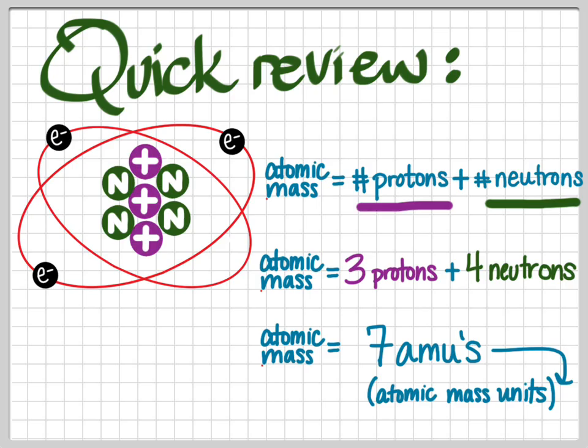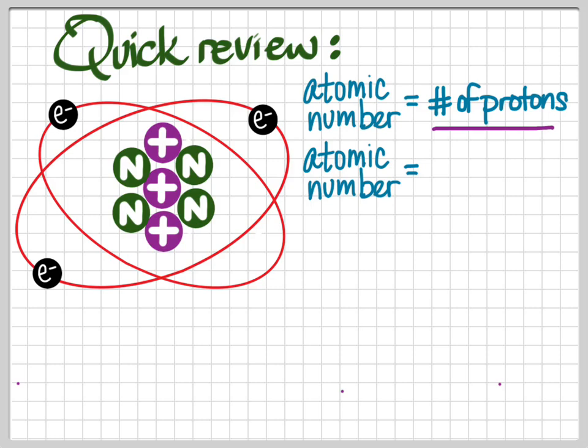I know, super creative. Now, you may be remembering from your introduction to the periodic table that there's some other number associated with atoms. Yeah, that's the atomic number, and the atomic number is equal to the number of protons that an atom has. In the case of my little simplified atom, the atomic number here is 3.